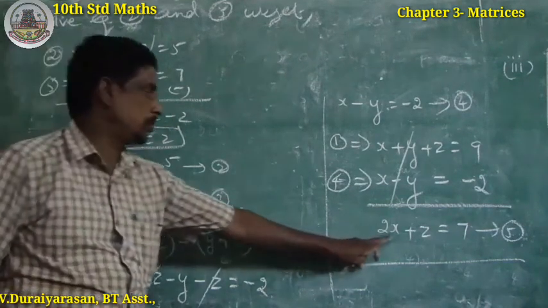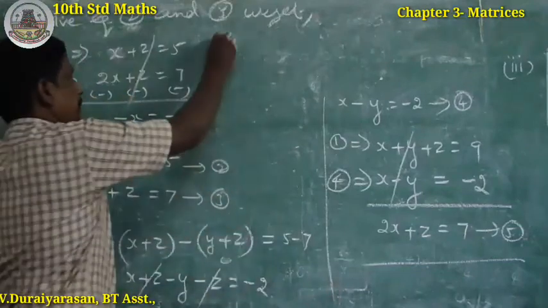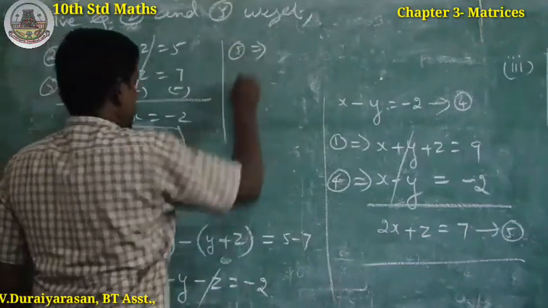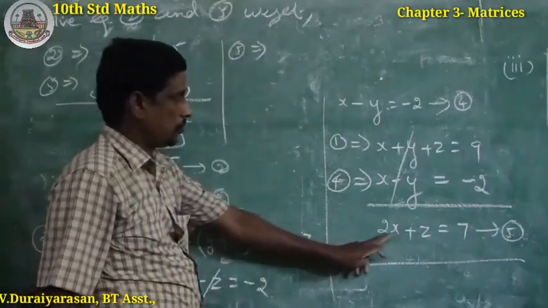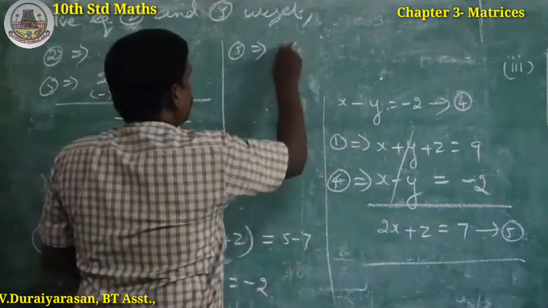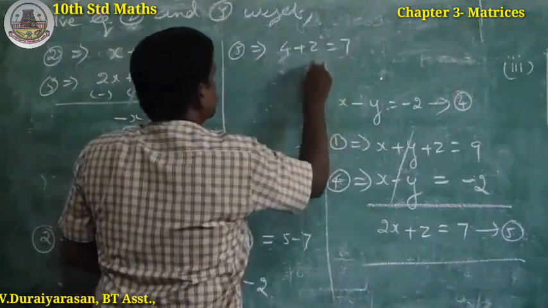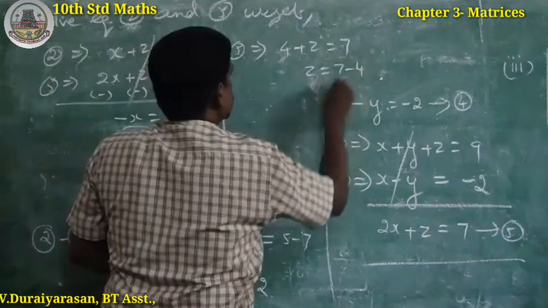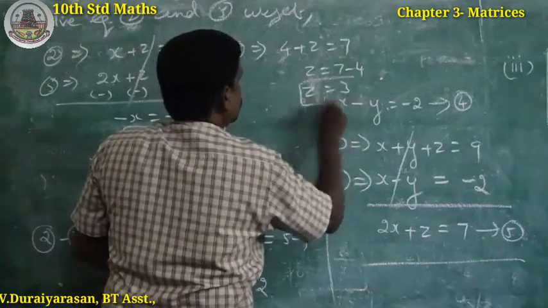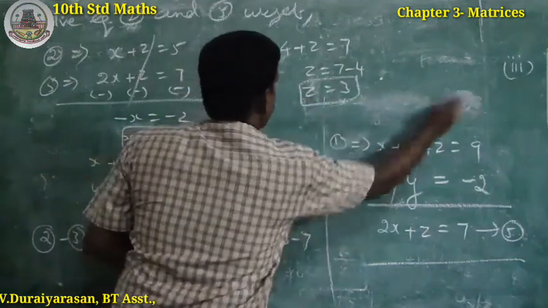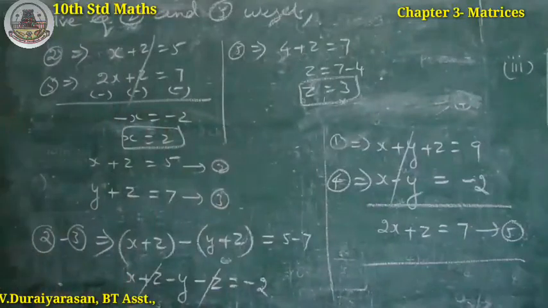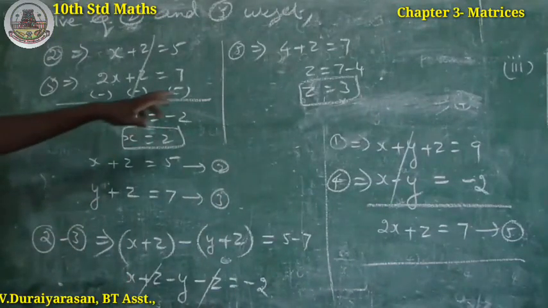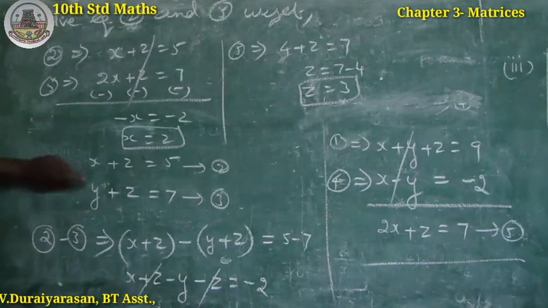Substitute x is equal to 2 in 5. 2 2s are 4. 4 plus z equal to 7. z equal to 7 minus 4. z equal to 3. The another variable to find is y. What is the value of z? z equal to 3.